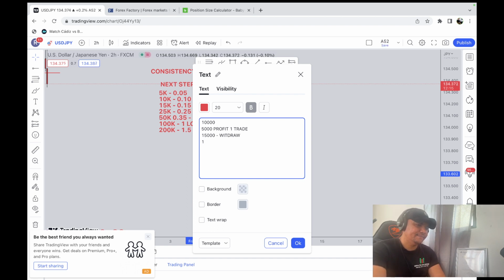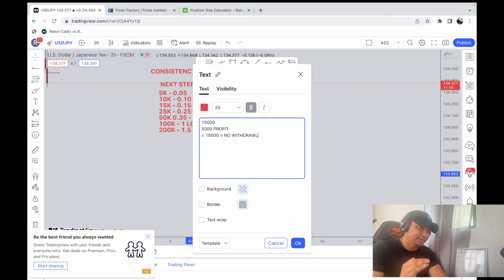Let's assume you make 10,000 profit, right? The account is on 10,000, but now you made a 10,000 profit. I'm going to move this like this: 5,000 profit, right? Now we're going to say equal to 15,000 equals no withdrawal. There's no withdrawal there because the profit is 100%.